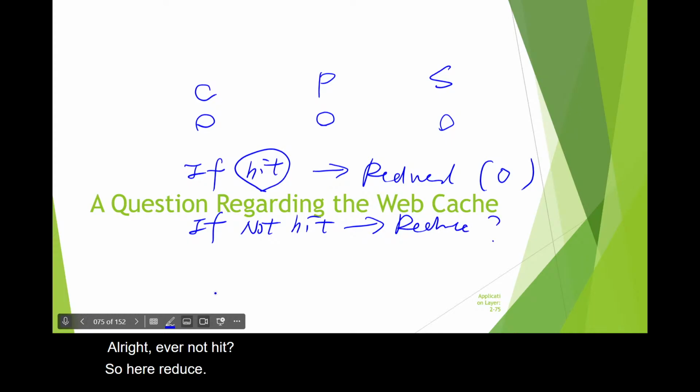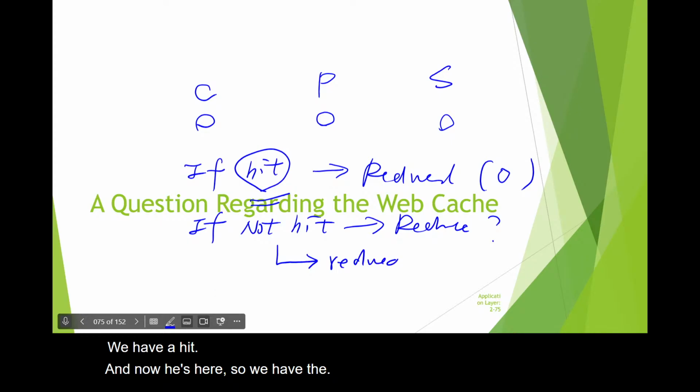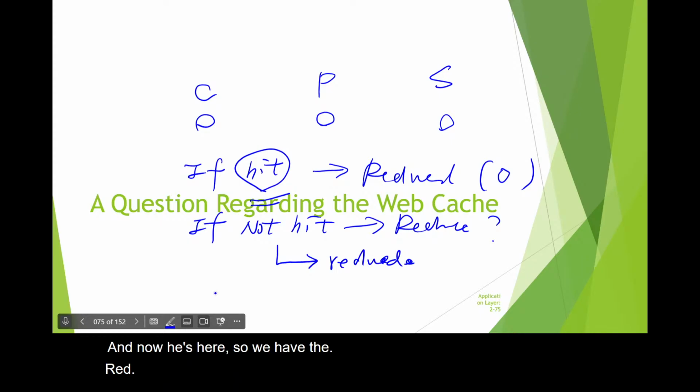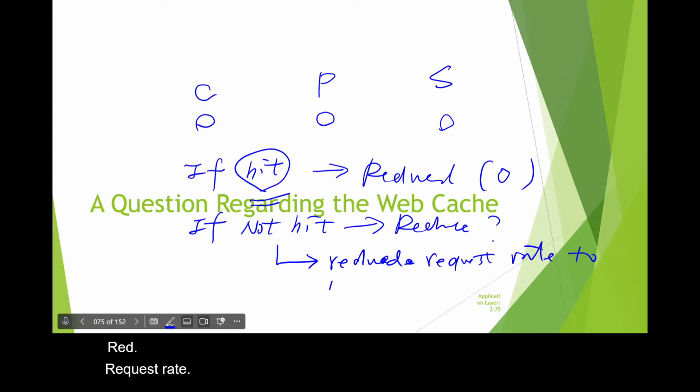So think about this, because if we have a hit and not hit here, we have the reduced request rate to the original server.